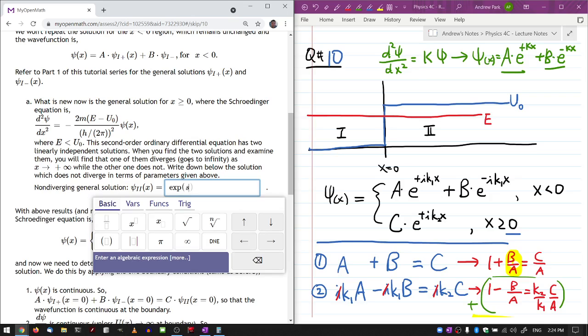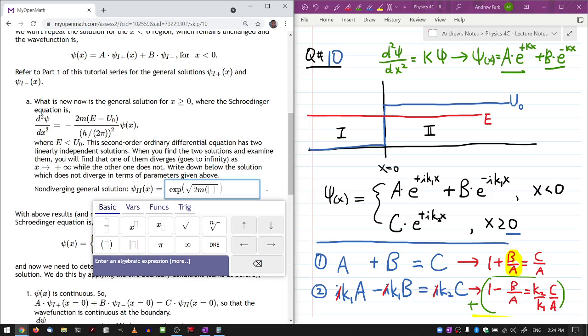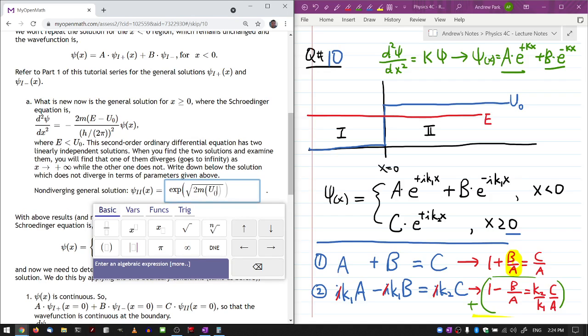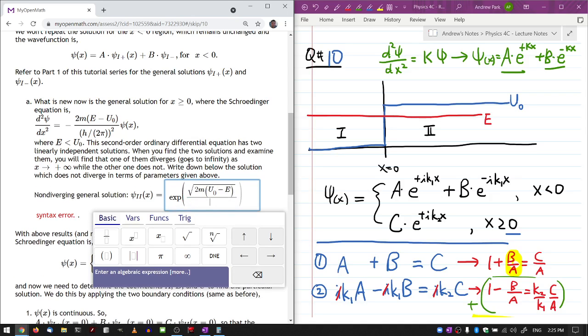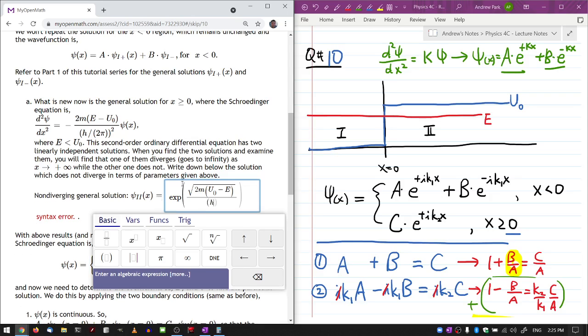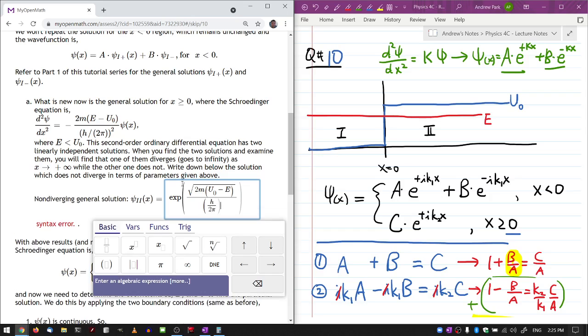Let me write it as the square root of 2m, and I'm going to swap the order, U naught minus E, so that it looks manifestly positive, divided by h bar squared. That was under the square root, so it's outside the square root, so it's no longer squared.